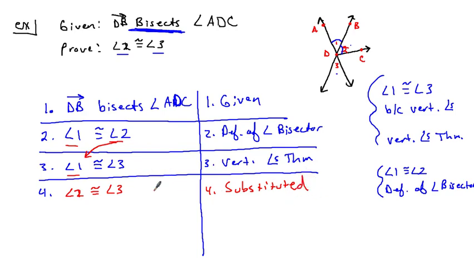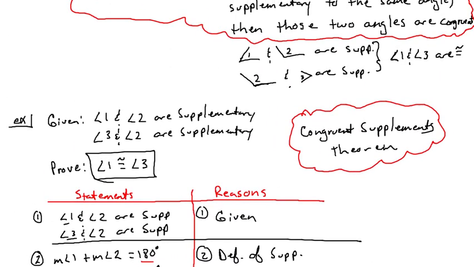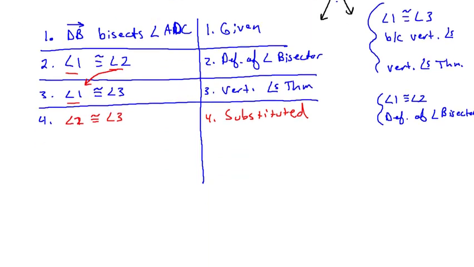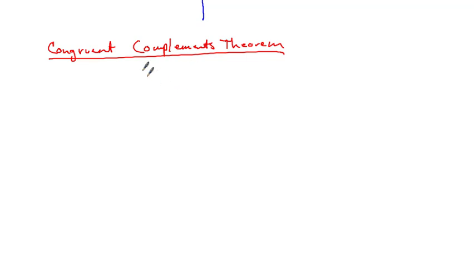And so that's how we do an angle proof. There's that one and the one we just did for the congruent supplements theorem. And there's also something called a congruent complements theorem. It's exactly the same as the congruent supplements theorem that we did.